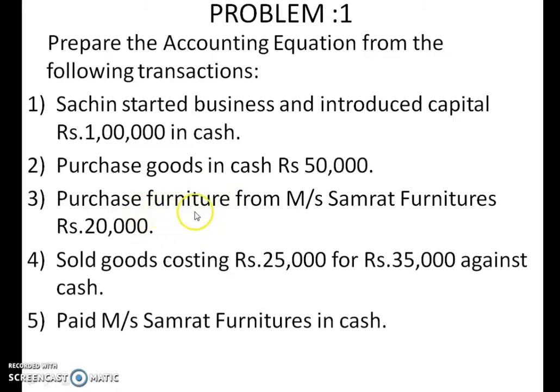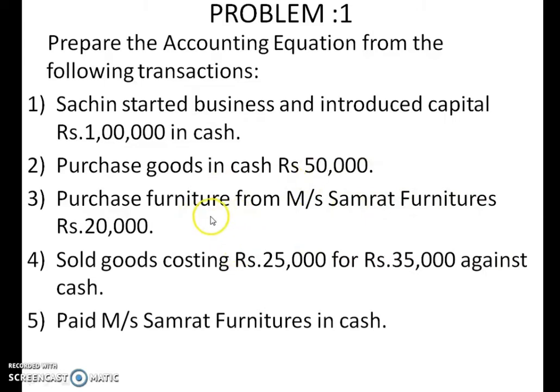It is not given. Instead, they have given the name of the furniture shop from where you have made the purchase. So that means you have made a credit purchase. You have not paid money for the purchase of your furniture, but it is credit furniture.